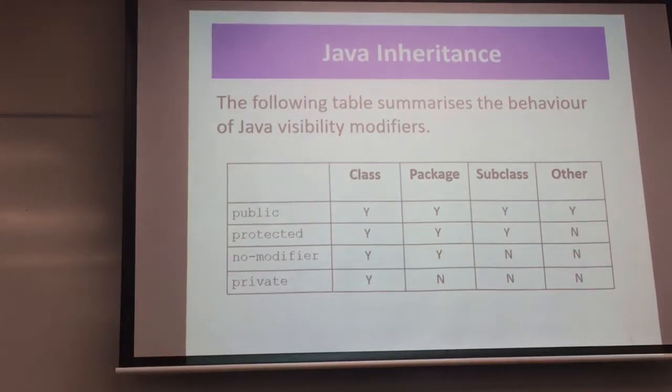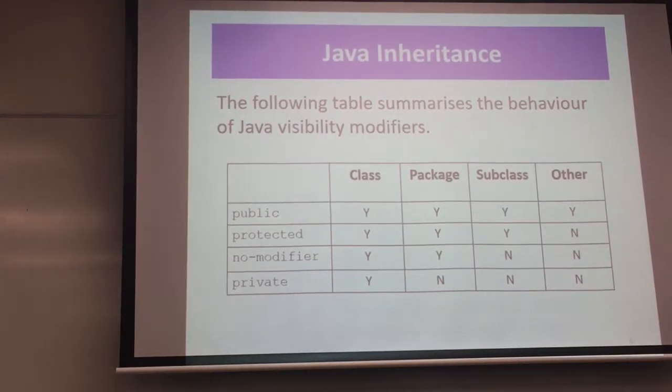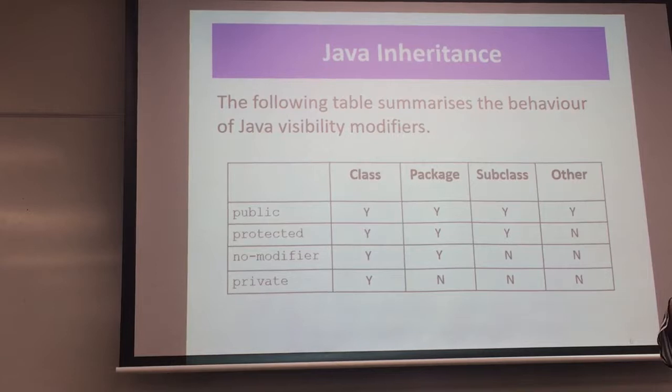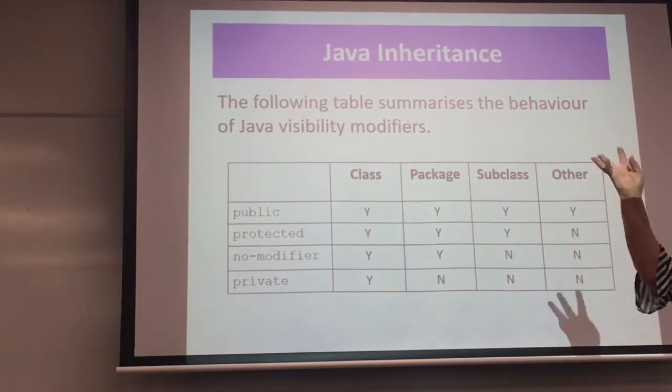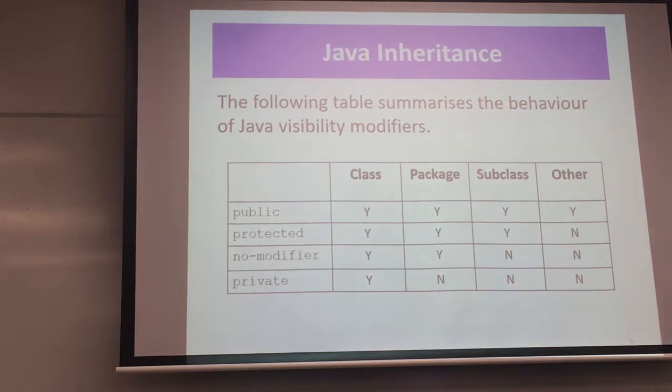If you put no modifier, the default modifier, as you remember, in C++ is private, but in Java it has package level. If you put nothing, whatever you define with no visibility, you don't put private, public, or protected, you leave it empty, just put the type, then everyone in the class itself can work with that, and everyone in the package.